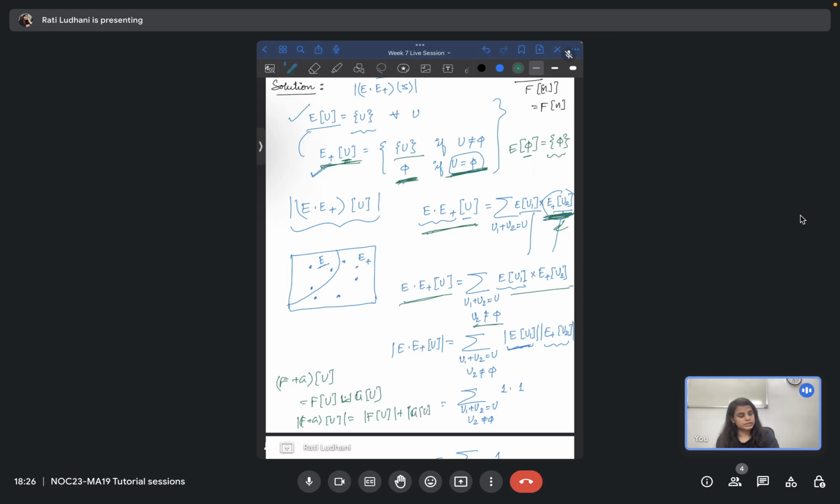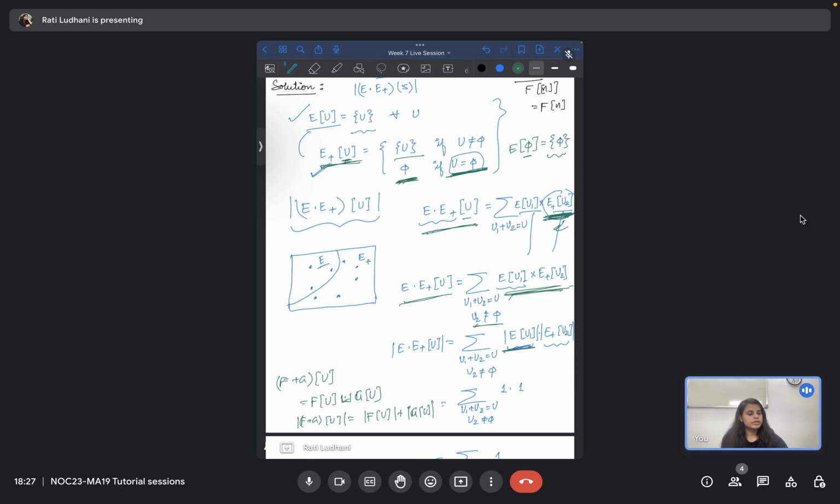And now E(U1), and when you take the ordered pair, these are sets, so it is a cross of sets. If one set has m elements and another set has n elements, then this will have m times n elements. So this multiplication I took with the cardinality.